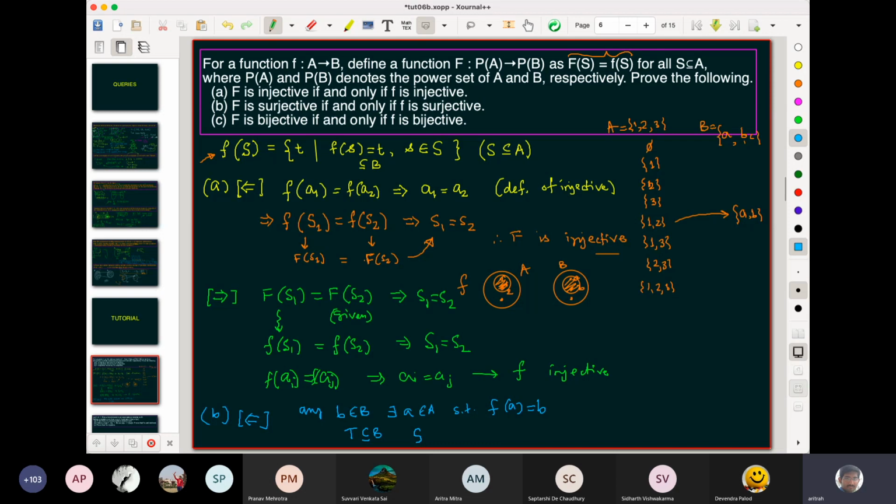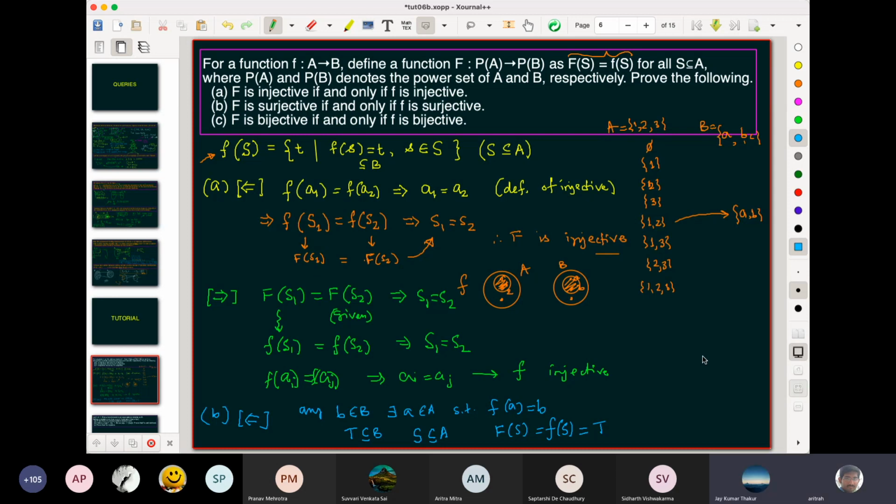There will be some A's such that the relation holds for capital F of S equal to small f of S. So any subset you take, those elements have a pre-image here because f is surjective. So that subset would have a pre-image subset here such that this relation holds. So capital F is also surjective. Okay.